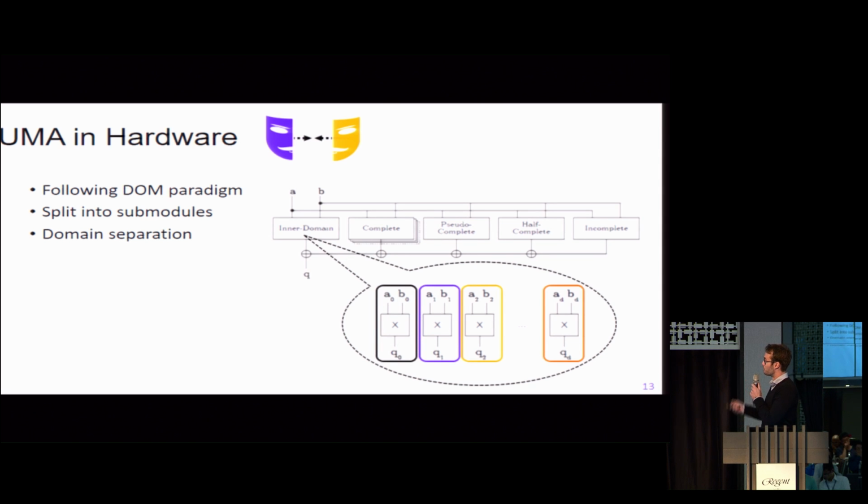By doing so, we can implement UMA by just generating these blocks and clicking them together, so XORing the results together. From this, we get latency that doesn't get worse for protection orders higher than 3, so it constantly stays at 5. For other protection orders, it's lower.